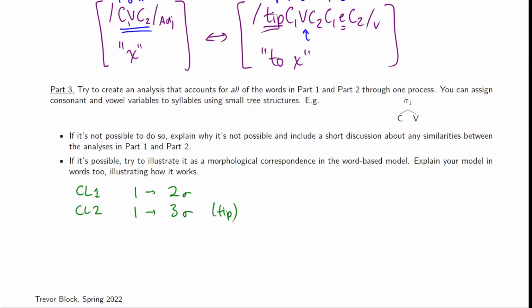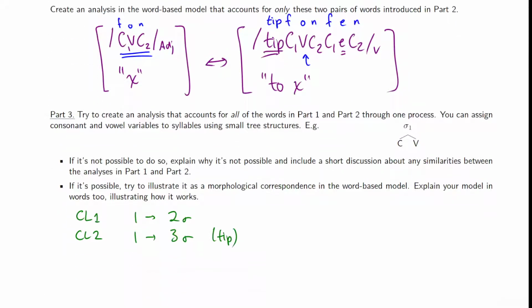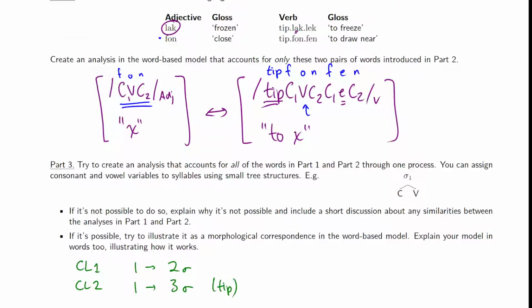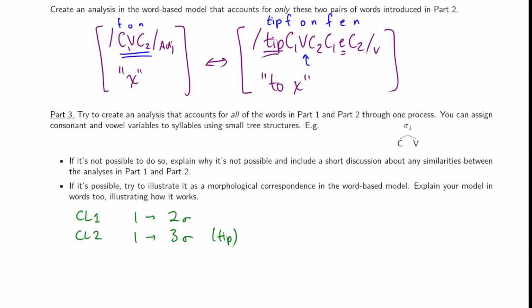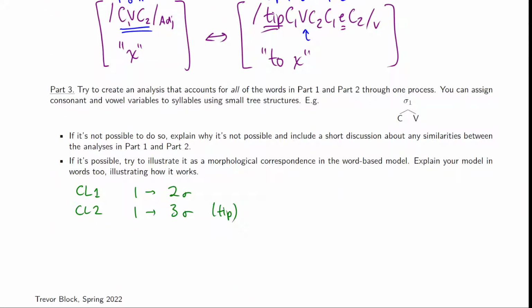But if we can get those 2 classes out there, then we know how to deal with each one individually, and we can generalize this a little bit, because the vowel changes are actually consistent between both of the analyses. So if we think about this in terms of position of the syllables, so whether it's the first syllable or the last syllable, what's happening in each of these cases?